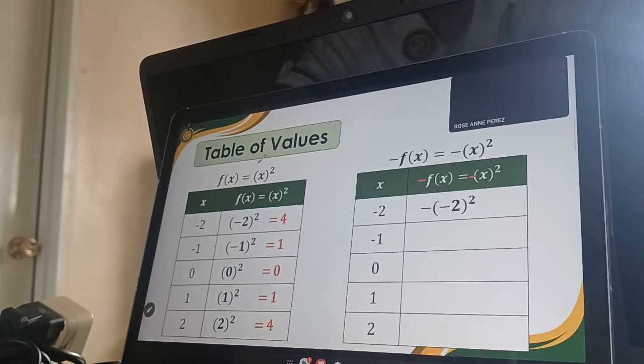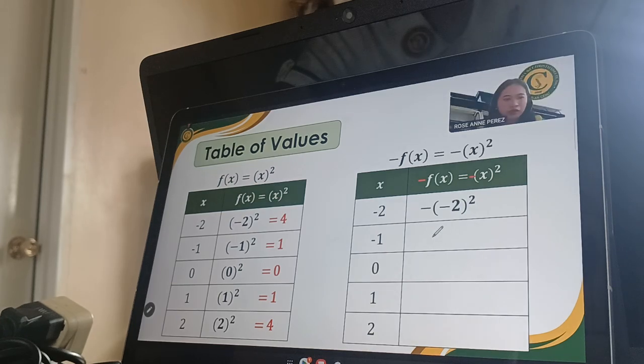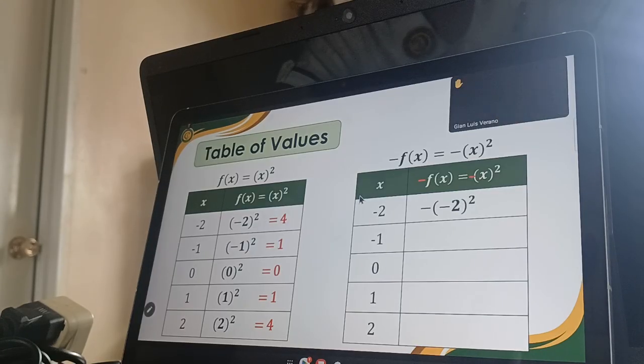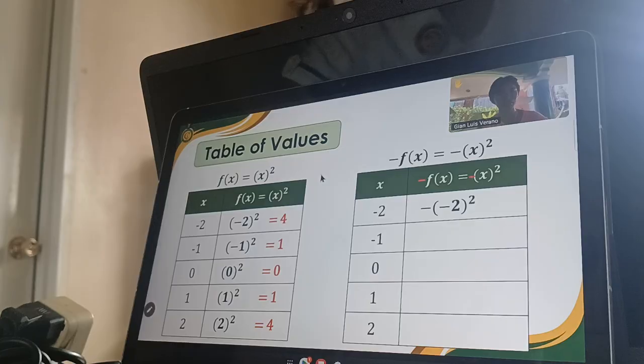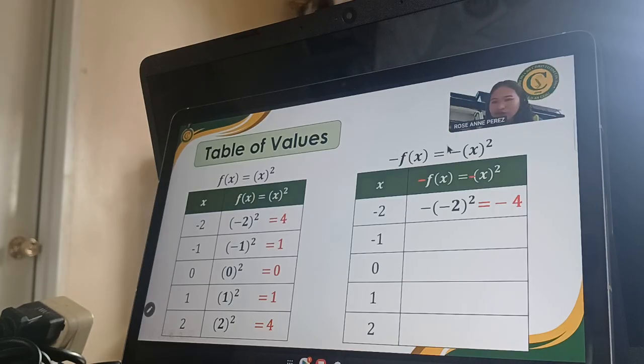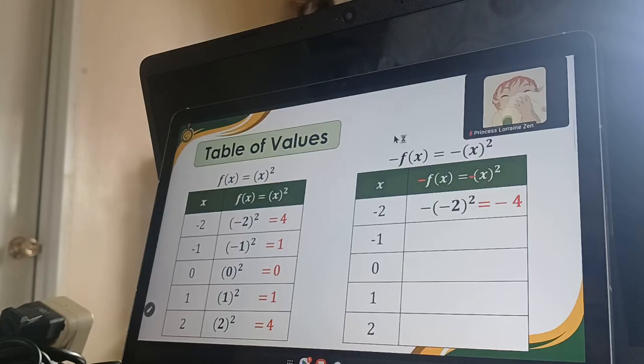Substitute it to your equation. So you will have negative times the quantity of negative 2 squared. What could be the result? Negative 4. Very good. How about if x is negative 1? Negative 1.